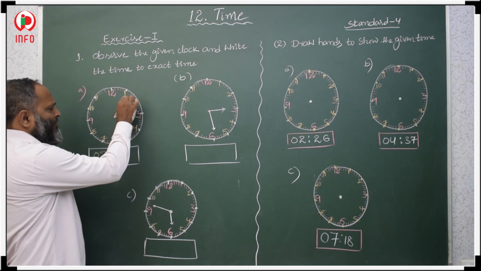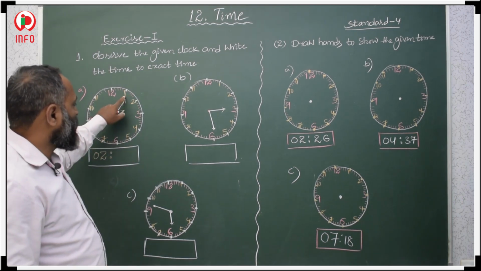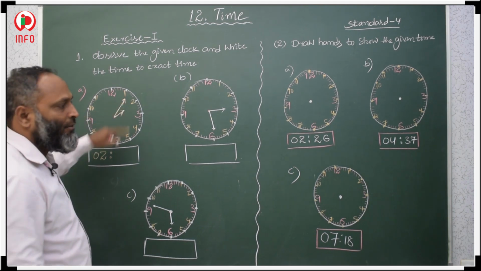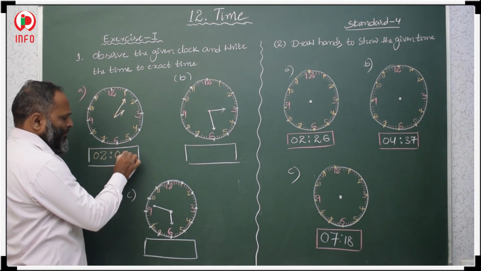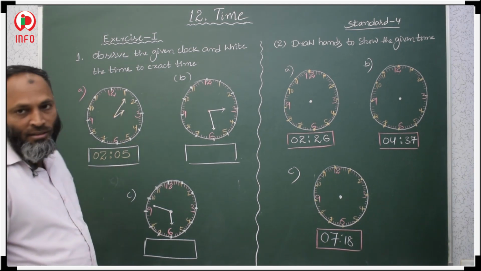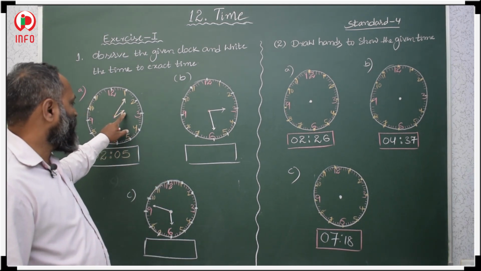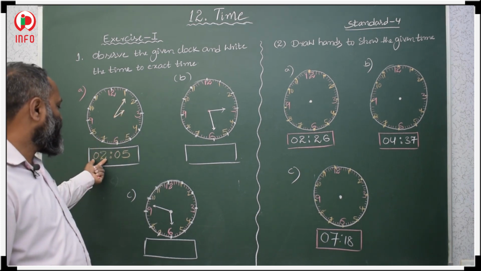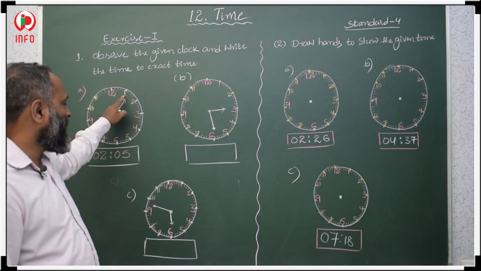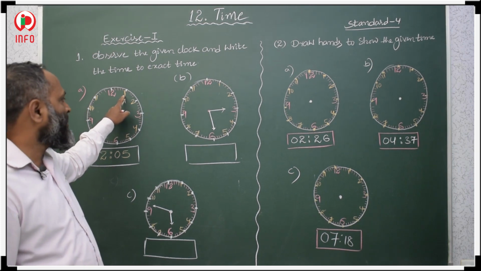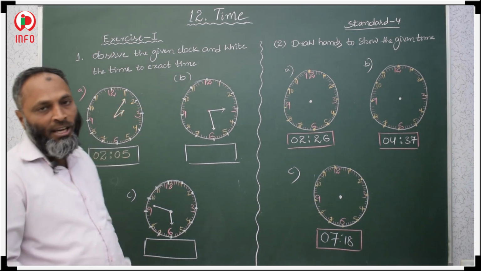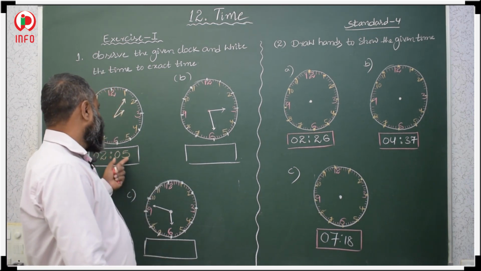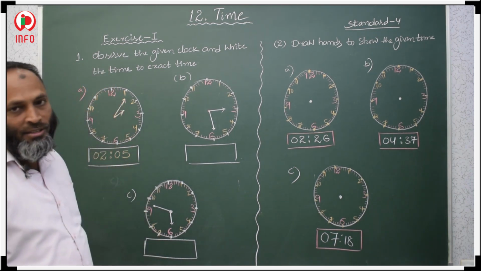The minute hand is at 1, so we multiply 1 with 5, which means 5 minutes. Why? Between every consecutive number we have 5 minutes. That is why we multiply with 5.